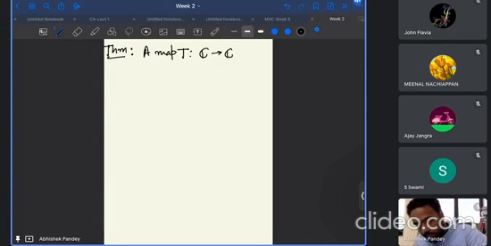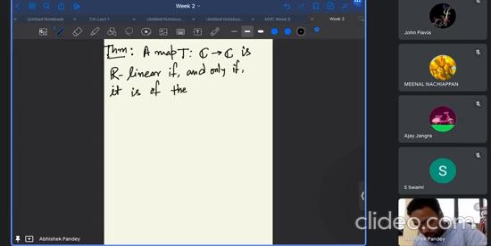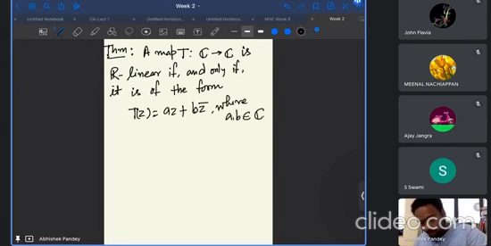A map T from C to C is R linear if and only if it is of the form Tz equals Az plus Bz bar, where A, B belong to C.